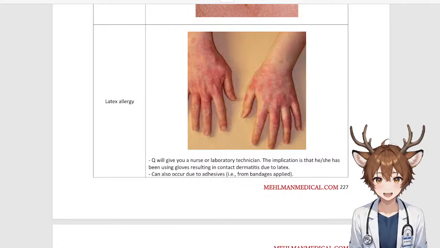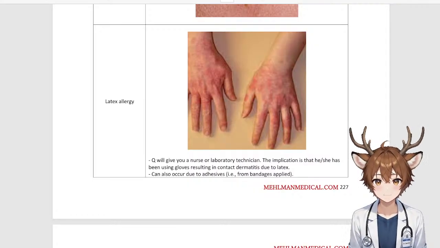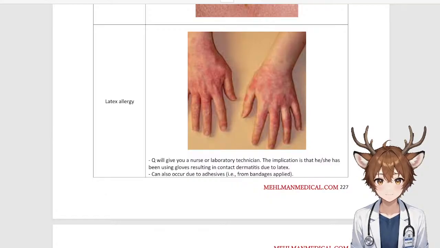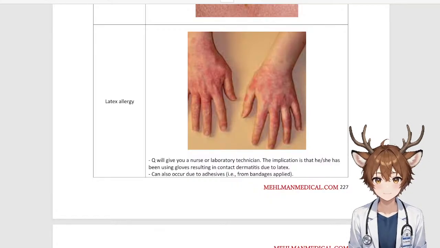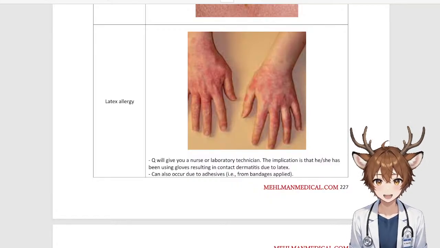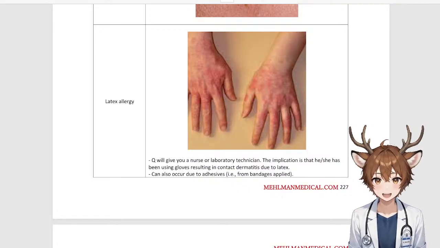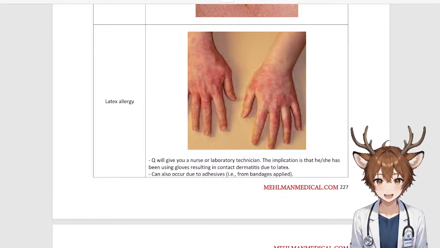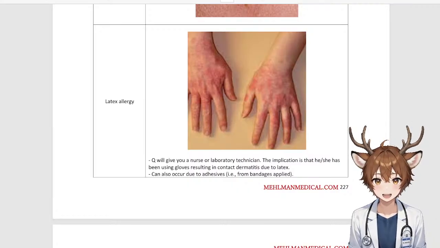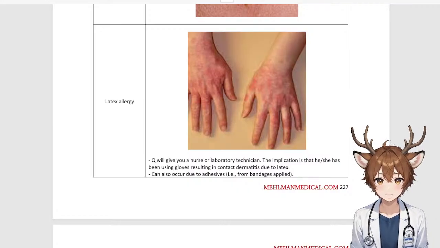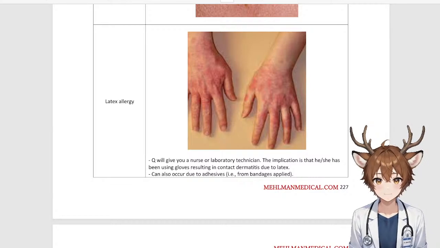Contact dermatitis is what kind of hypersensitivity? Type 4. Allergic contact dermatitis is a type 4 hypersensitivity reaction. It is mediated by T cells rather than antibodies, meaning the skin inflammation develops 24 to 72 hours after exposure to the allergen. So latex allergy falls into that category.